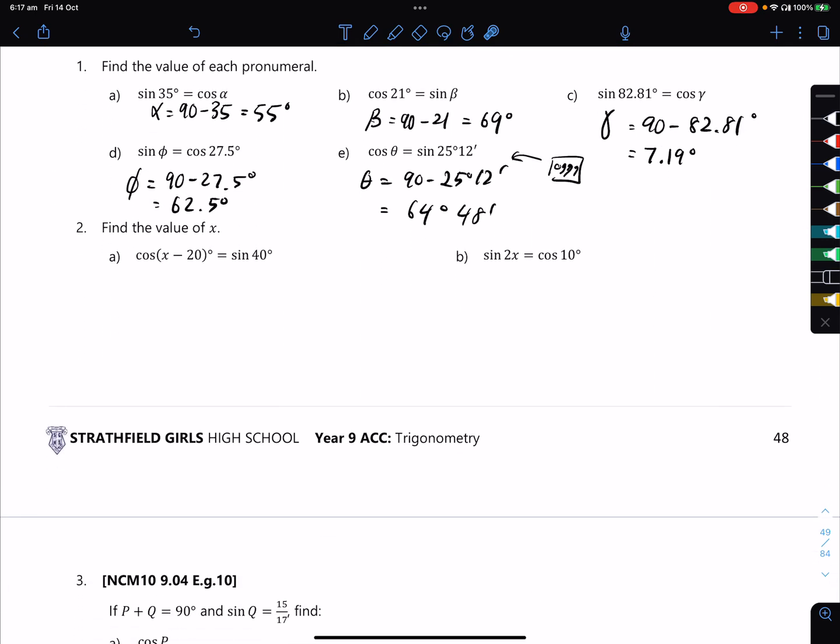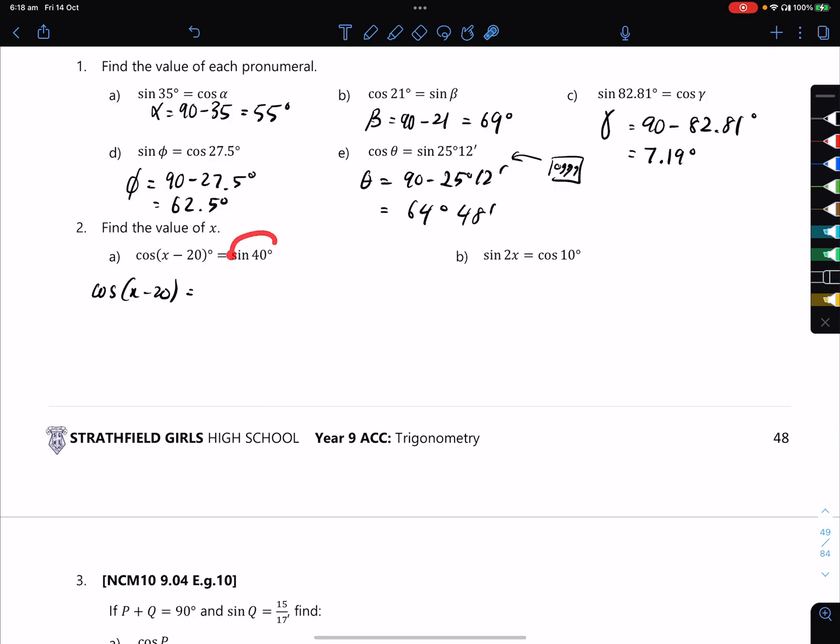Question 2. Find the value of x. So we've got cosine of some angle equals sine of some angle. So these are complementary ratios. Now what I can do here to make this simple is leave cosine of x minus 20 alone.